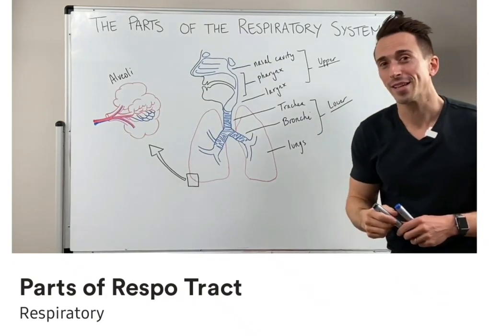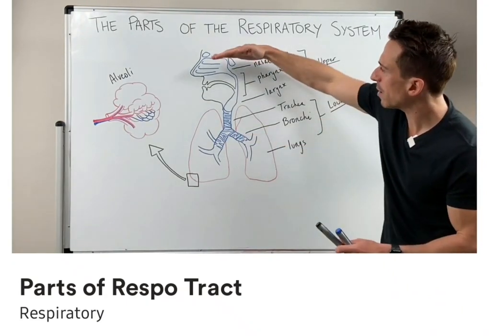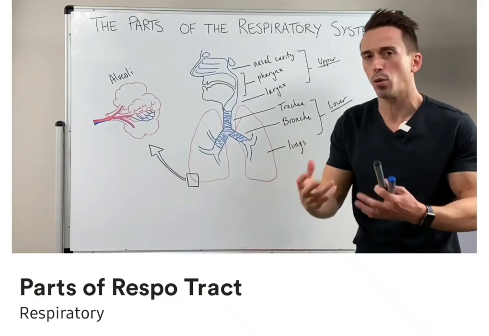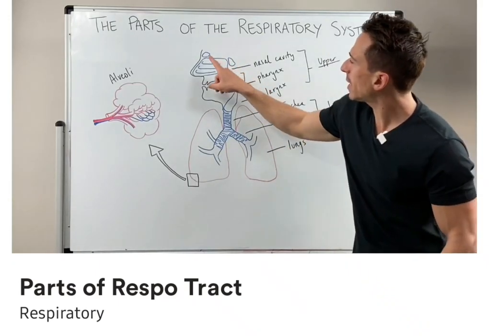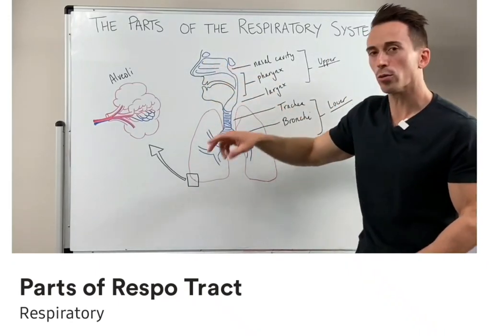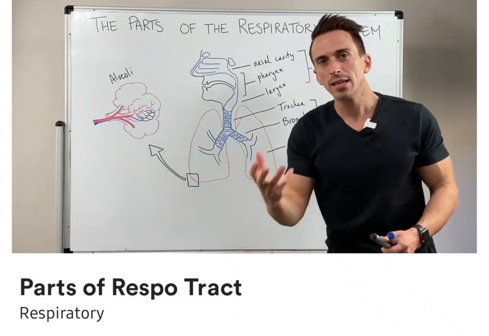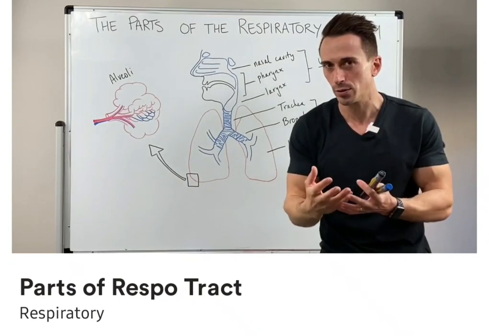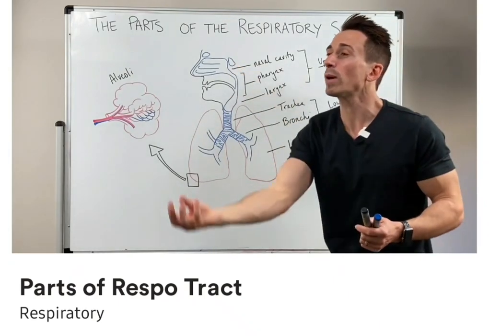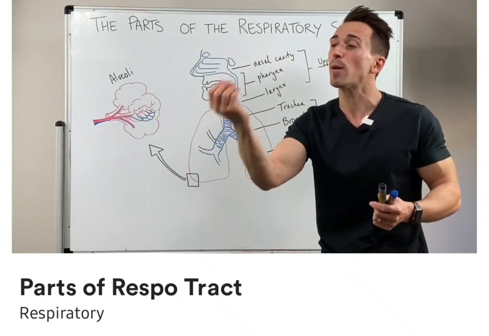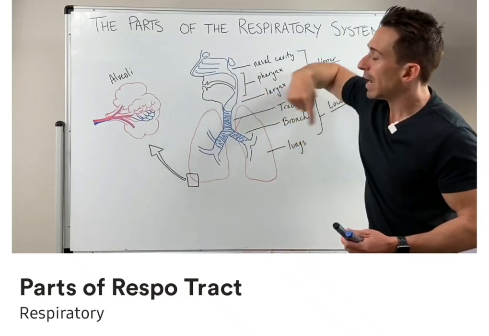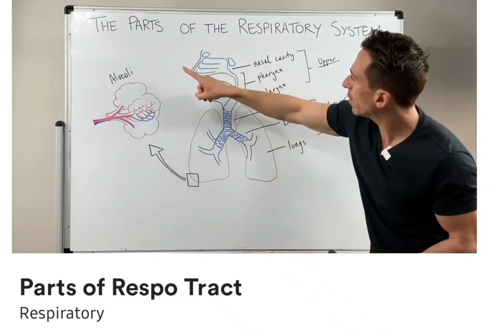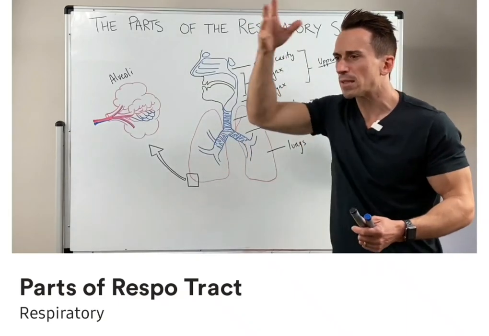Again, very important clinically. Now let's start back up here and work our way down and look at some important points. Firstly, in the nasal cavity, there are these various folds called turbinates. Now these turbinates are really important because they're lined by mucus and a lot of blood vessels. When we inspire air from the atmosphere, it spins the air around. The air goes in through these turbinates and it spins them.